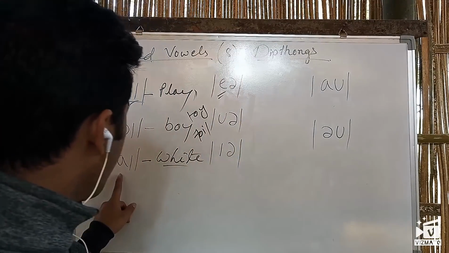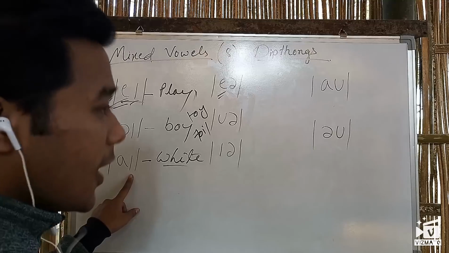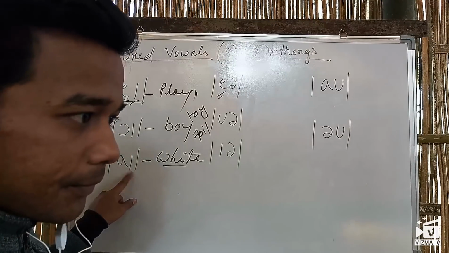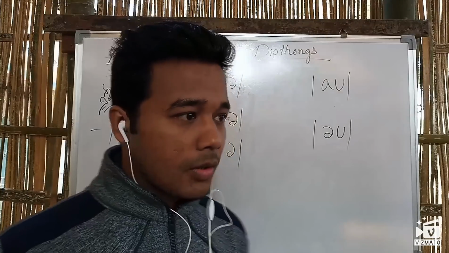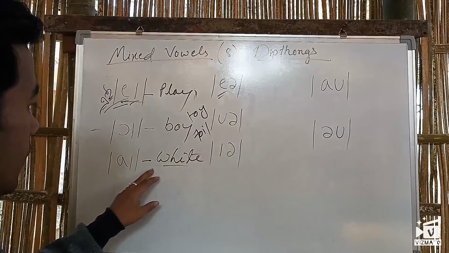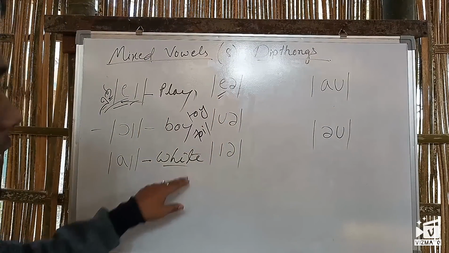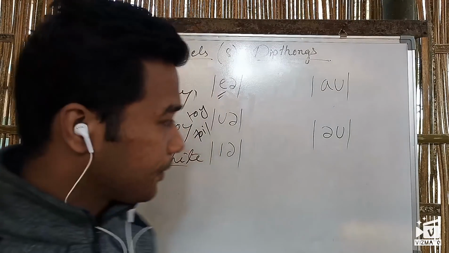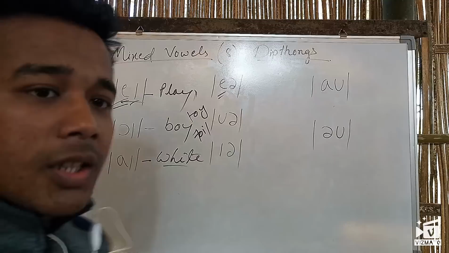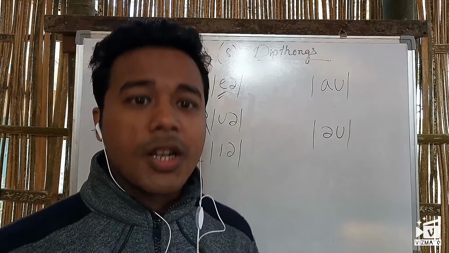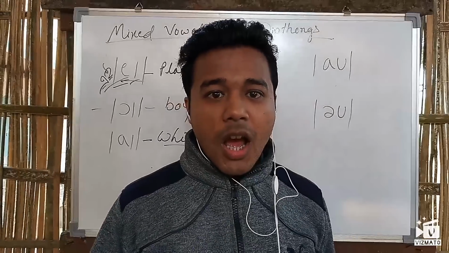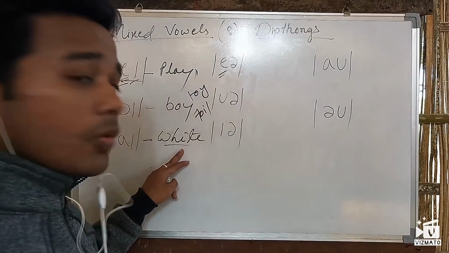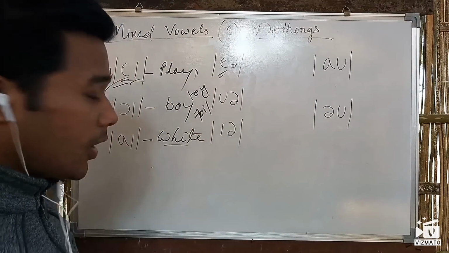Next we have I, the sound I, right? So this could be found in a word like white, kite. I sound, white, I.